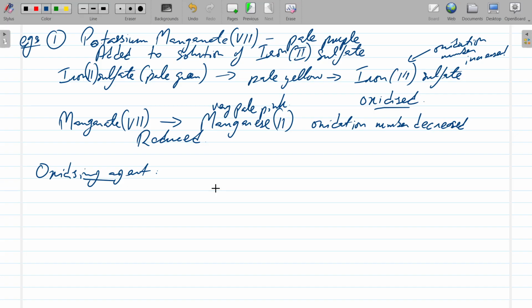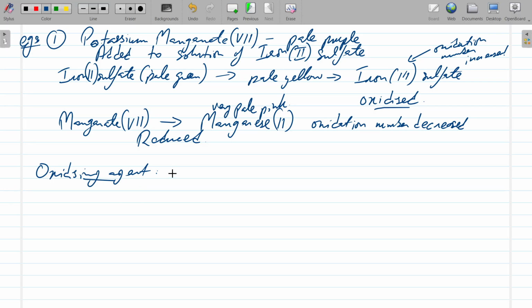It oxidizes the other element. Now, however you look at it, you look at oxidation as the loss of electrons, an increase in the oxidation number, or the gain of oxygen.